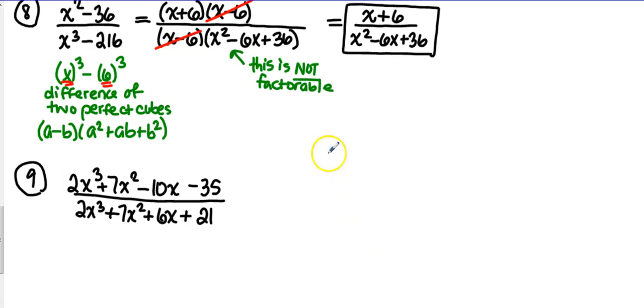As soon as I see 4 terms, I'm hoping that we are thinking back to our toolbox and recalling how to factor by grouping.